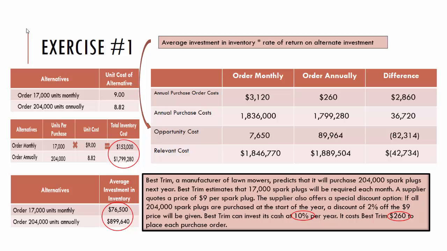So essentially what is happening here is Best Trim is better off making the smaller purchase, using that free cash flow that they have to invest it, and taking that return on their partial investment than they are saving the 2% by buying all of them at once. So what is the best method here? They should still order monthly because their returns on the market are going to offset any losses they would have for any savings foregone by making this one big huge purchase.